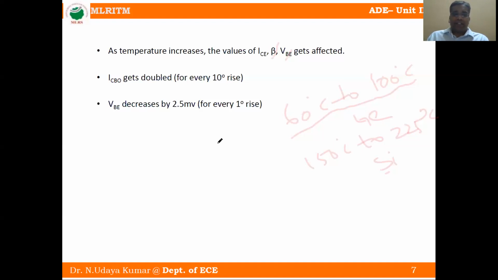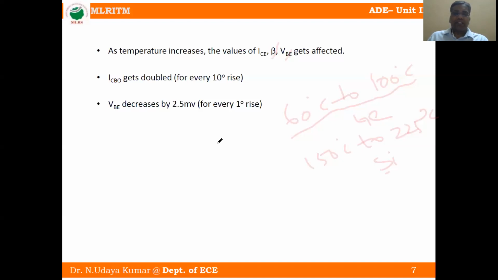When a collector current flows in a transistor, it is heated. If the temperature increases, the collector leakage current also increases, and the action becomes cumulative.